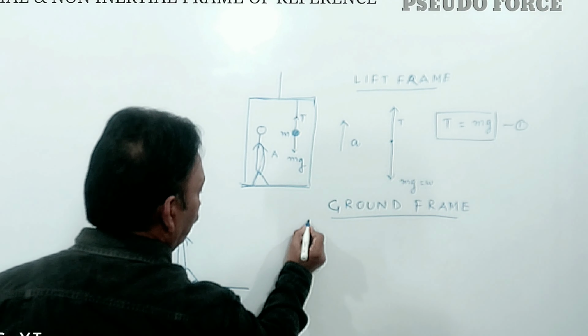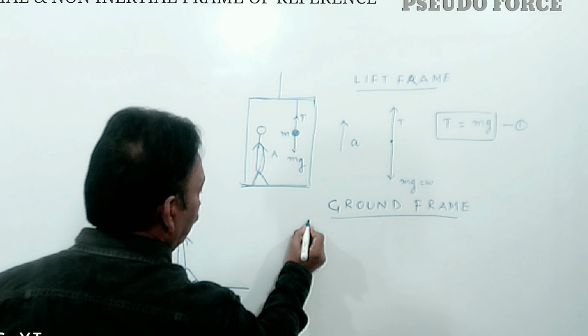Okay, students, here is the tension and it is the same weight. As the lift is moving up, the tension in the system is more than the weight of the body. The difference between the two provides a force, that is T minus mg is equal to the net force, we call it as ma.